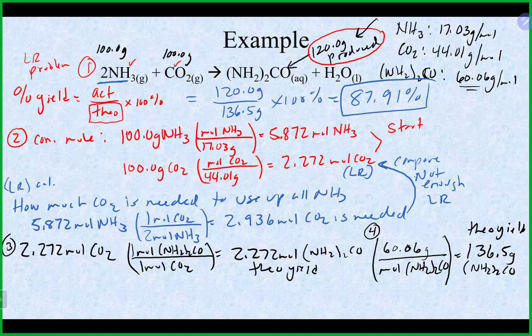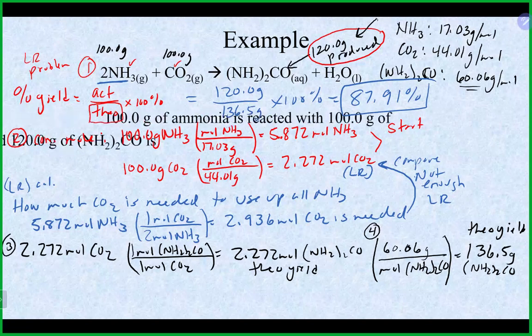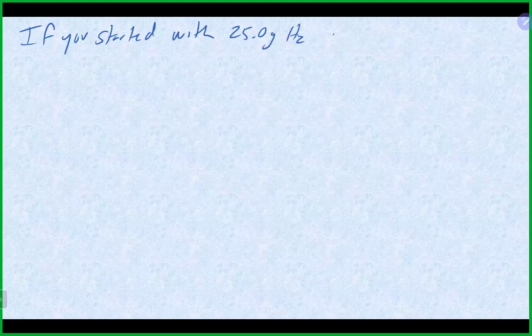All right, let's take a look at one last one here to wrap up this chapter. Let's say you started with 25 grams of H2 and produced about 105 grams of NH3 in the following reaction.